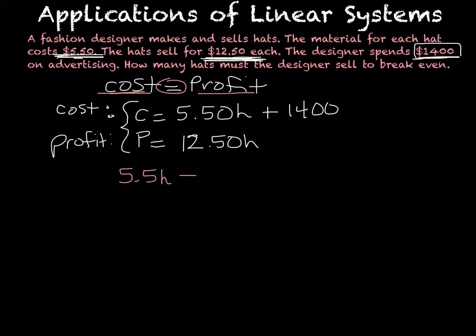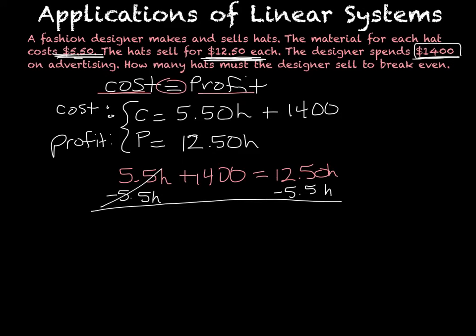5.5H plus 1,400 equals 12.50H. And we want to solve for H. So if I want to solve for H, then I need to put my H's together. Minus 5.5H, minus 5.5H, giving me 1,400 equals 7H, or 7.0H.